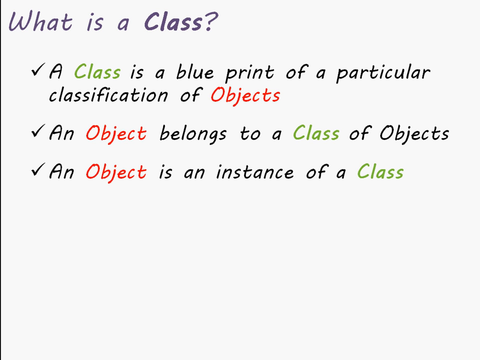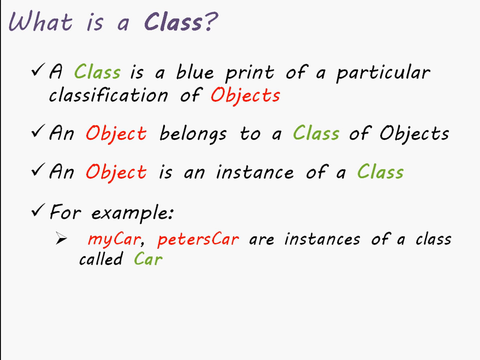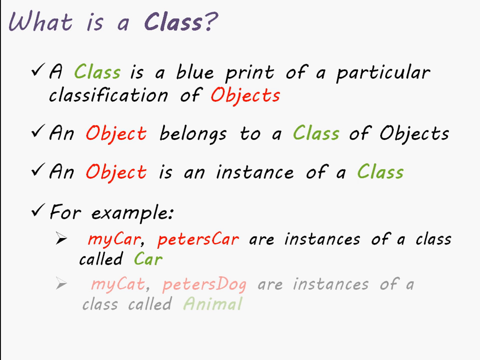An object is an instance of a class. For example, my car and Peter's car are instances of a class called car. My cat, Peter's dog, and somebody else's lion are instances of a class called animal.